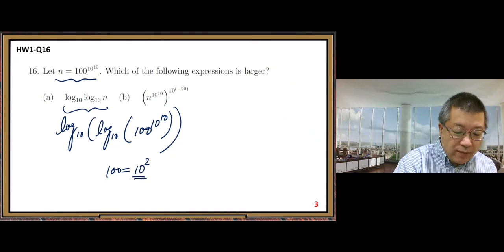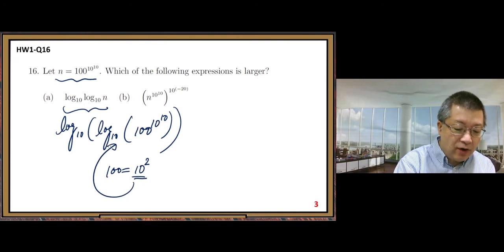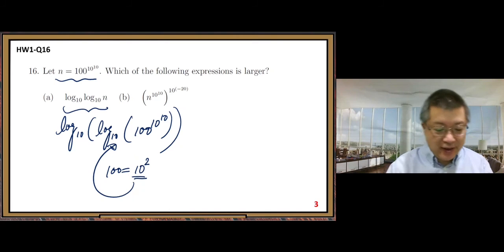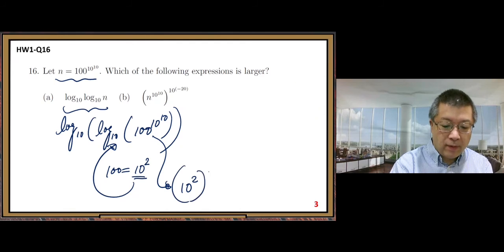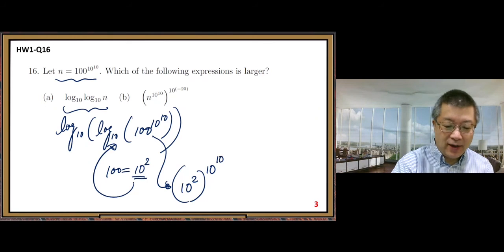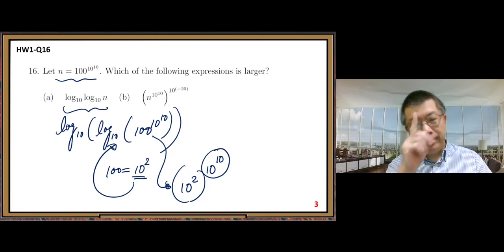Because if we use base 10, we can easily get an answer for log base 10. So then we can write this as 10. How about that? Okay. So you can treat this as one number.